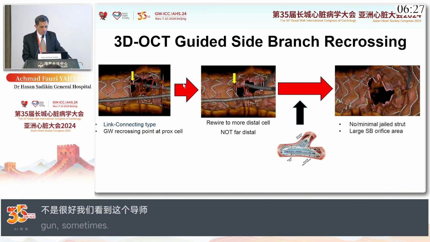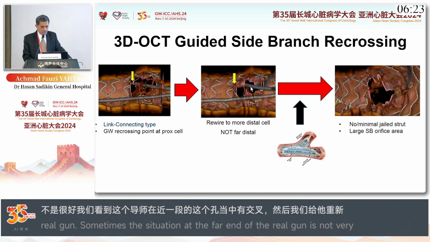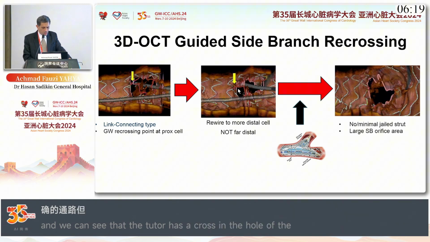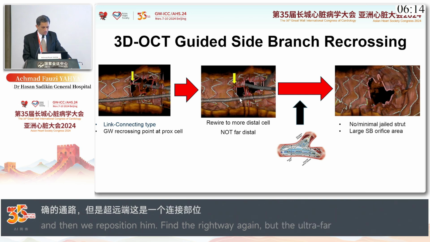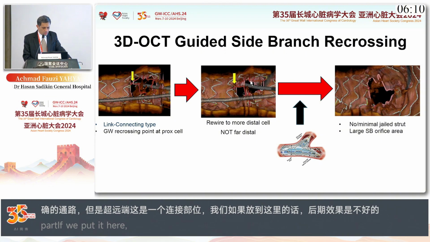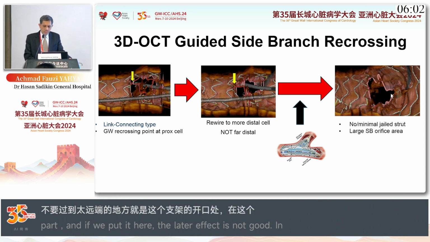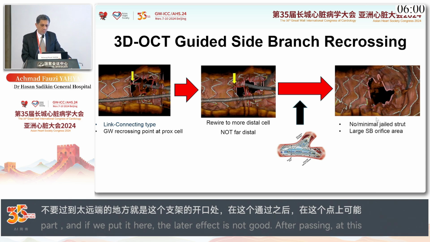So we reroute to this distal cell, not the far distal, because this is the connecting link. If you go here, it's not going to open the strut all the way. So just go not to the far distal, but to this distal cell. And afterward, we can do kissing at this point with no or minimal jailed strut and a large side branch ostium.